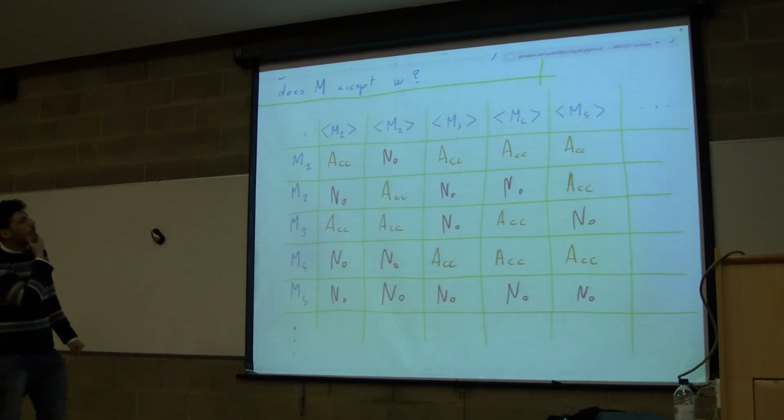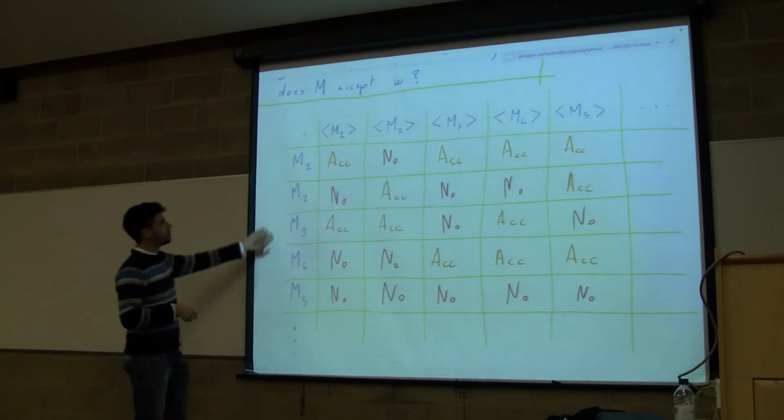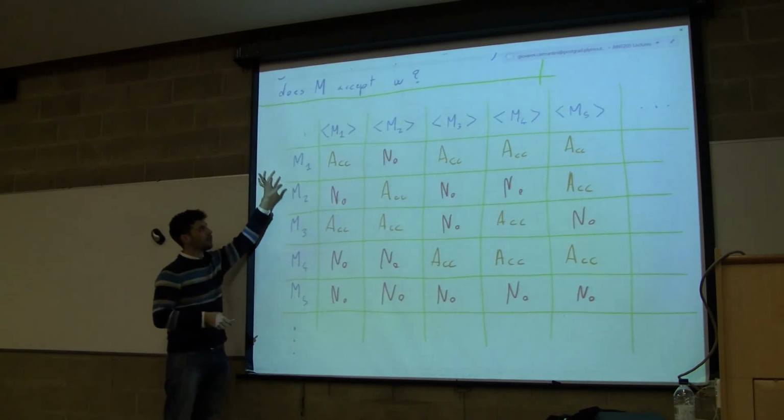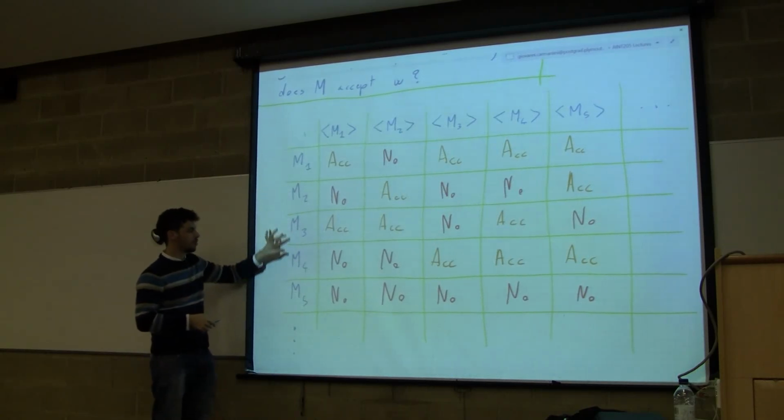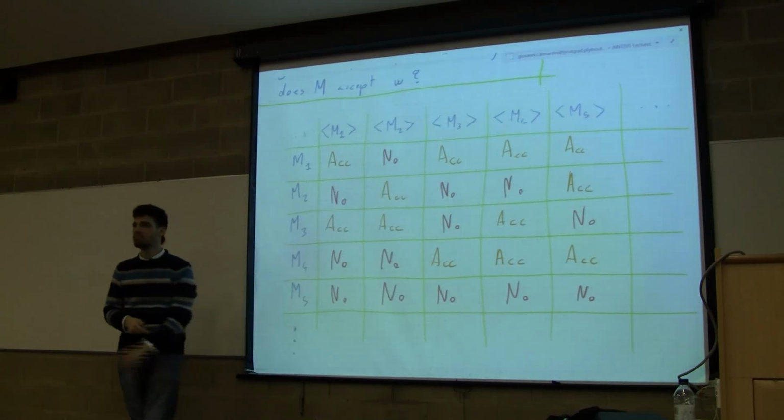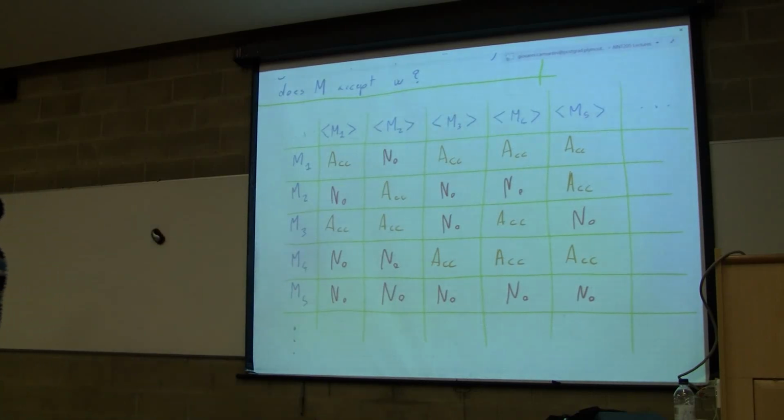So what I do here is I make a list of all possible Turing machines. I can do it easily. I can give an order to them because I can find an encoding of a Turing machine. Then I just sort that list.